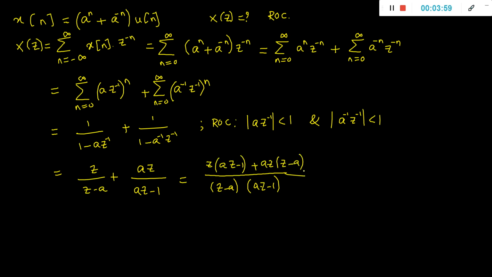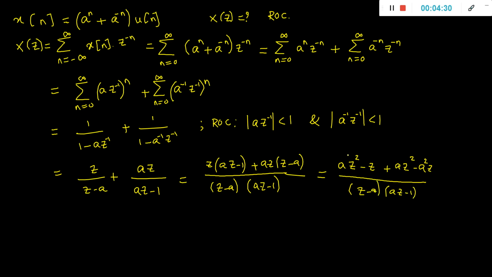It's possible for you to make little mathematical adjustments over here. So this is equal to a z square minus z plus, if I open this bracket, a z square minus a square z, divided by z minus a into az minus 1.